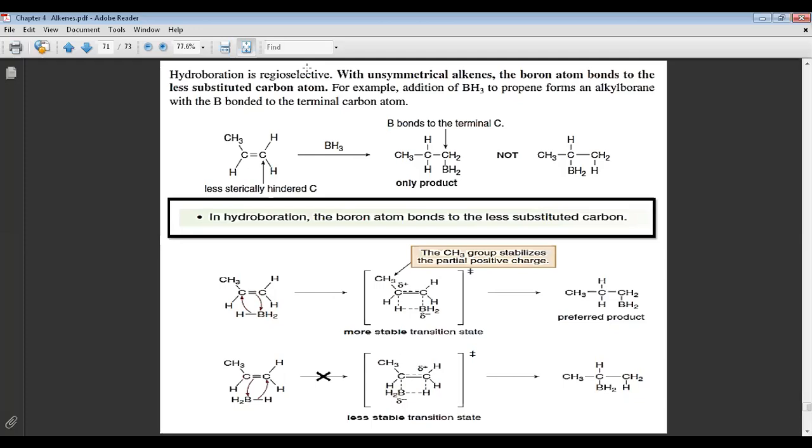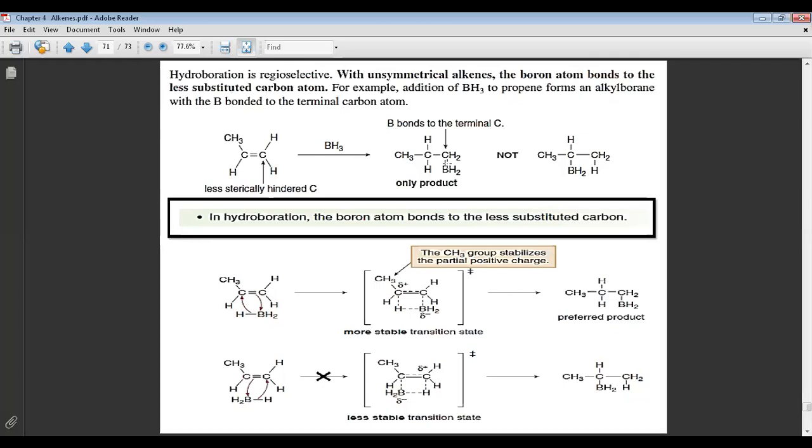We have a rule for how the molecule is added on the pi bond, the double bond. And he said that with unsymmetrical alkenes, the boron atom bonds to the less substituted carbon atom.